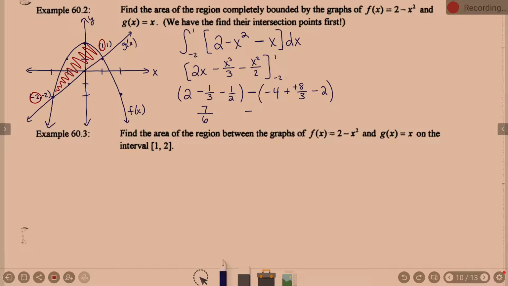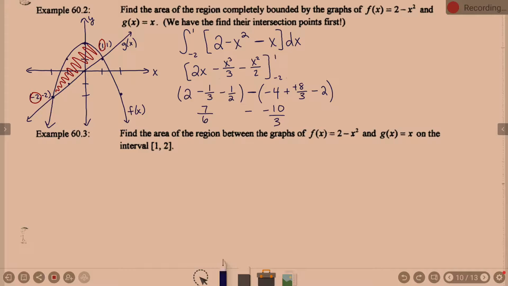And then, -4 plus 8, so we're going thirds. So -12/3 plus 8/3 minus 6/3. Or actually what I would have done is I would have said -4 and -2 is -6. And -6 is -18/3 plus 8/3.